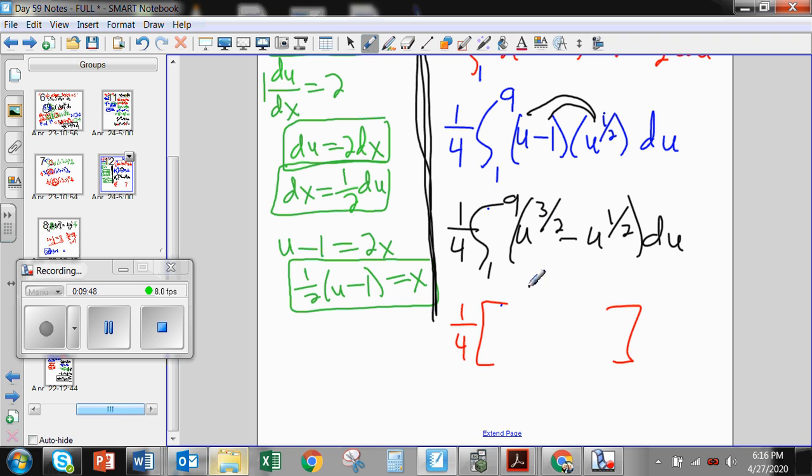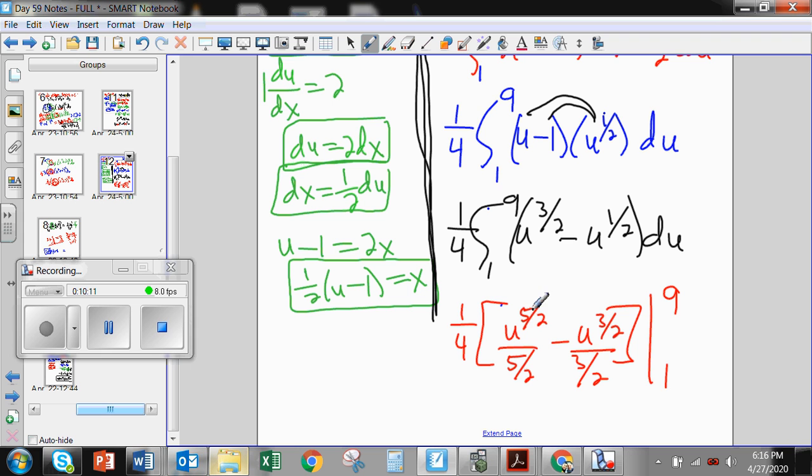What is the antiderivative of this? That's going to be u to the 5/2, and I'll do it by dividing by 5/2, minus u to the 3/2 divided by 3/2, and then we're going to evaluate this from 1 to 9.